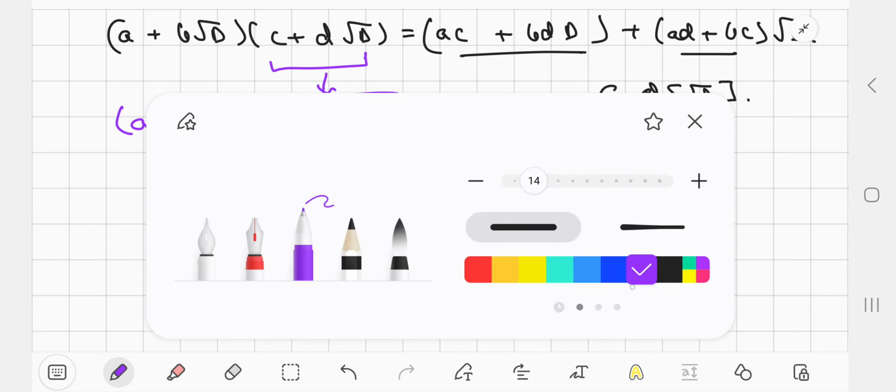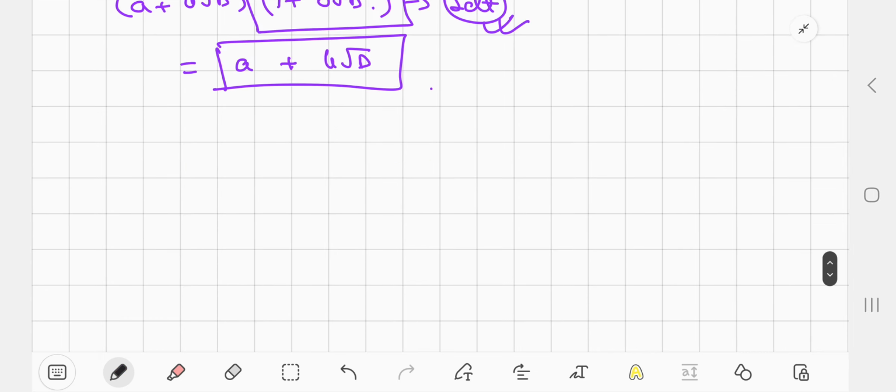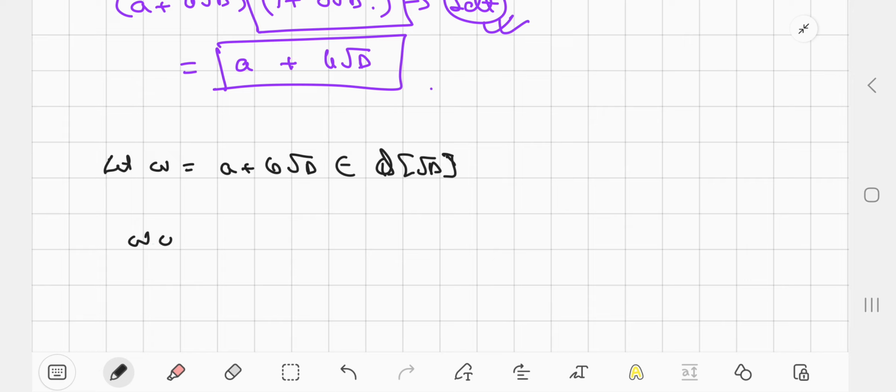Moreover, observe that if I consider any arbitrary element from Q root D and its product with its conjugate, let W be of the form A plus B root D from Q root D, then what is W times W bar?